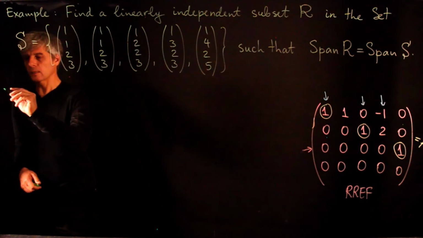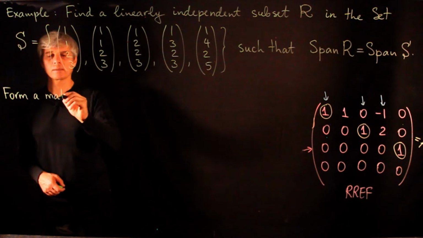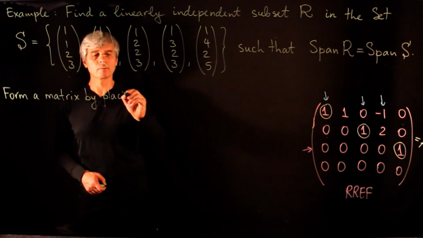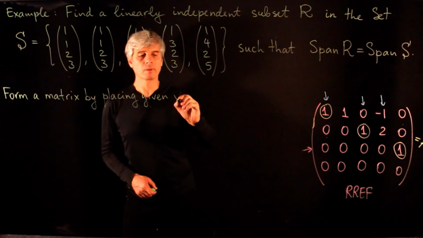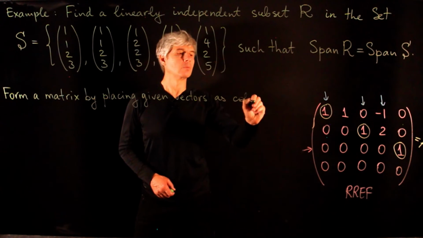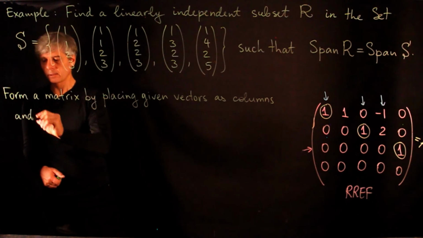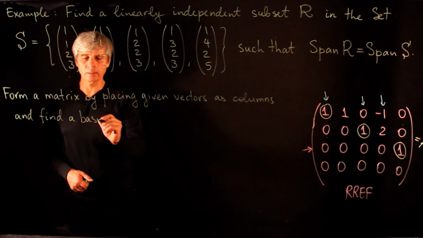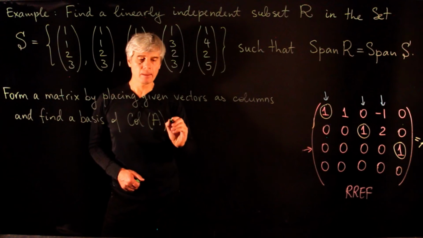So what we say is: form a matrix by placing the given vectors as columns and find a basis of the column space of A, right?